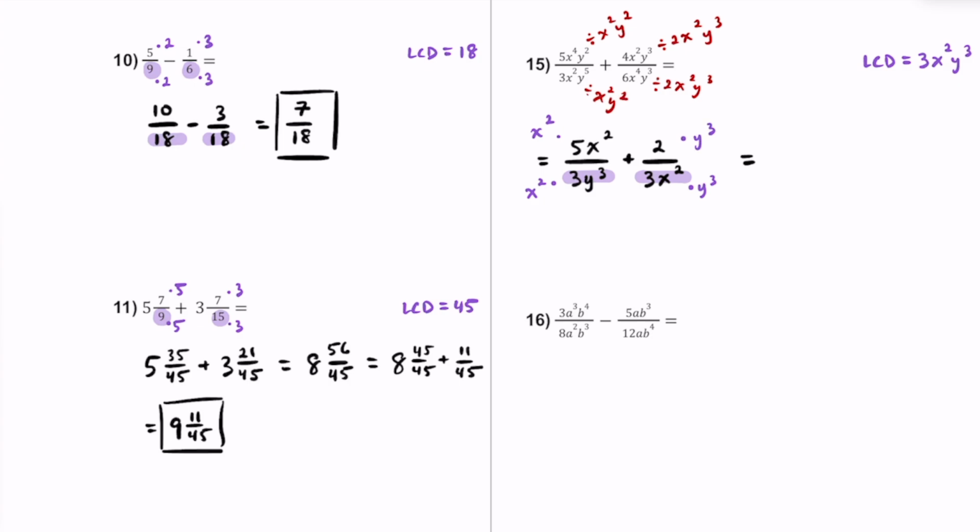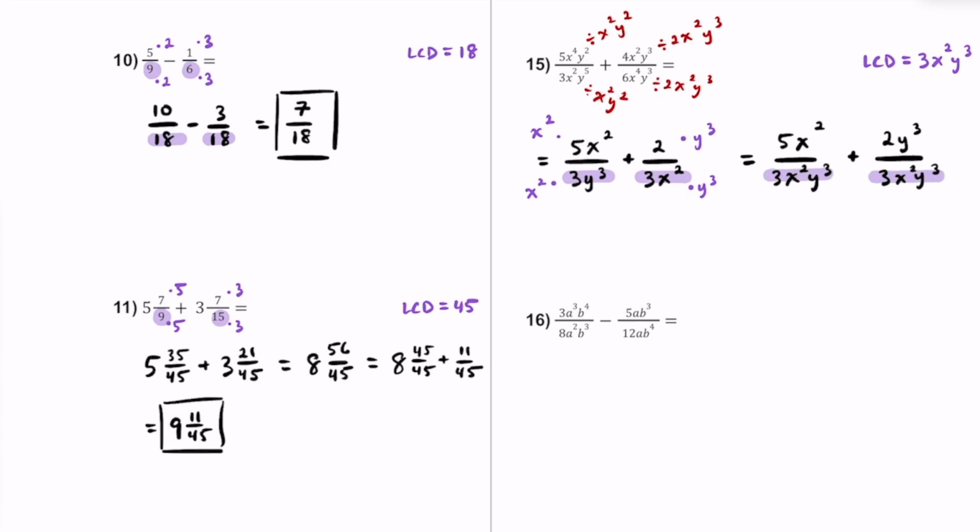Now if we go ahead and take care of that, we're going to get this 5x to the second power over 3x to the second power y to the third power, plus, and on the top here we're going to have 2y to the third power, and on the bottom here we're going to get 3x squared y cubed. All right, so those would be our two fractions that have the same denominator using that LCD.